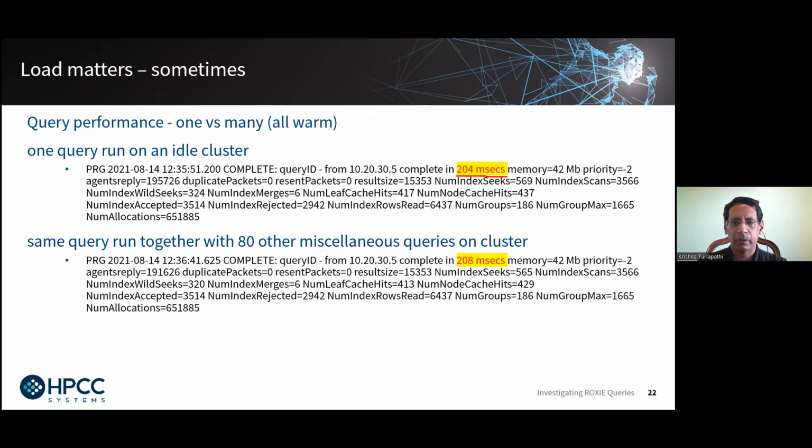Now, if you run the same query with 80 other miscellaneous queries, which are similar to the one you previously ran, you can see the performance is similar to the previous one, which is now about 208 milliseconds as compared to 204 milliseconds. This is because you're not putting too much load on the cluster and your queries are not very process intensive. They are simple queries. As long as you have enough threads and resources, your query performance will be consistent.